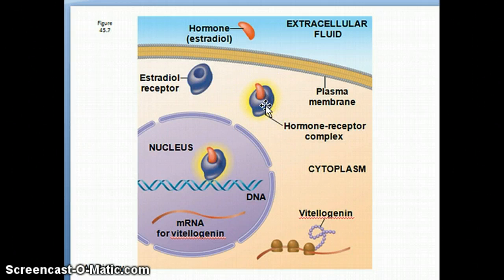And so once that occurs, the hormone receptor complex will move into the nucleus where it will target the DNA and make an mRNA for this particular protein here. So you can see here, this mRNA will travel back out to the cytoplasm where we'll have the translation and production of our new protein with the help of the ribosomes.